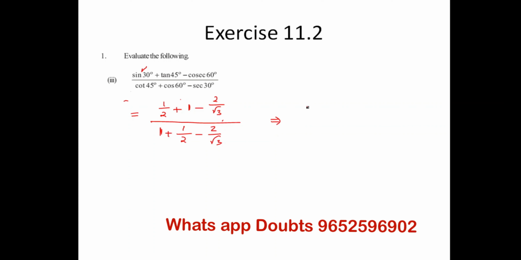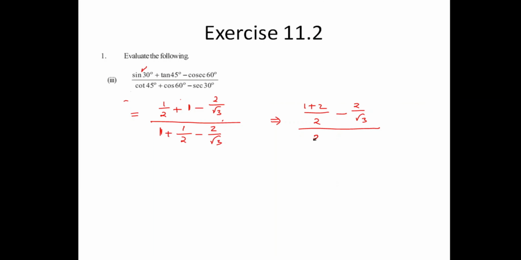Over here you have this as your answer on the left hand side, minus 2 root 3. I hope this is clear up to here, right? Similarly, we look at the other side. If I solve this one, I get 3 by 2 minus 2 by root 3, by 3 by 2 minus 2 by root 3, isn't it?